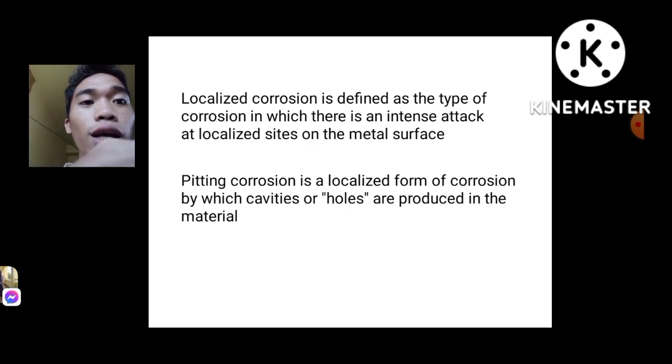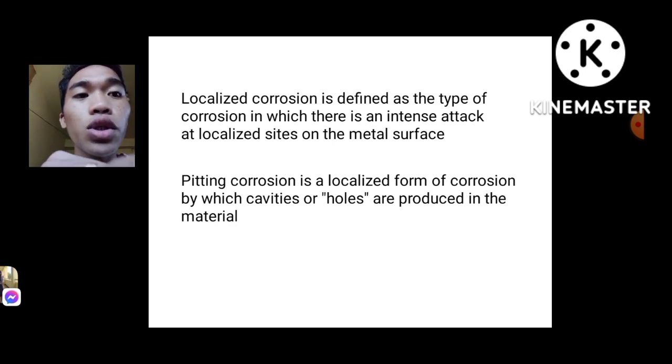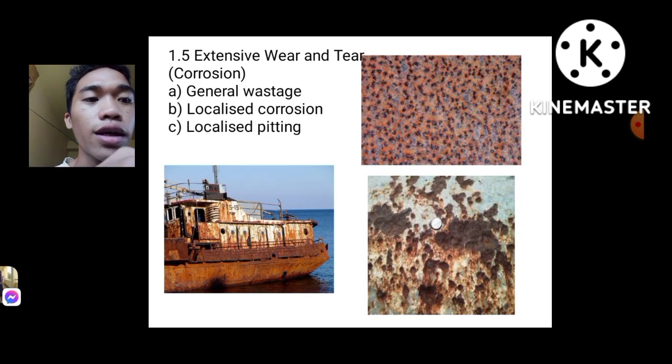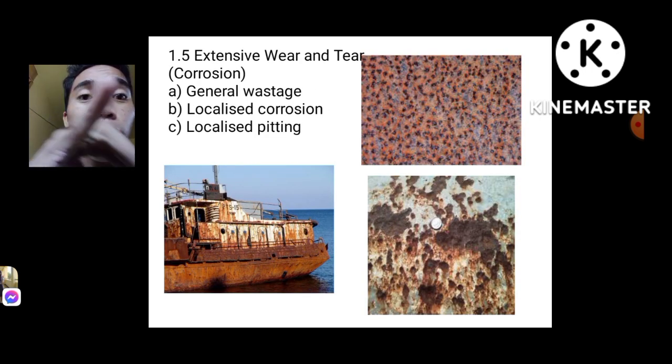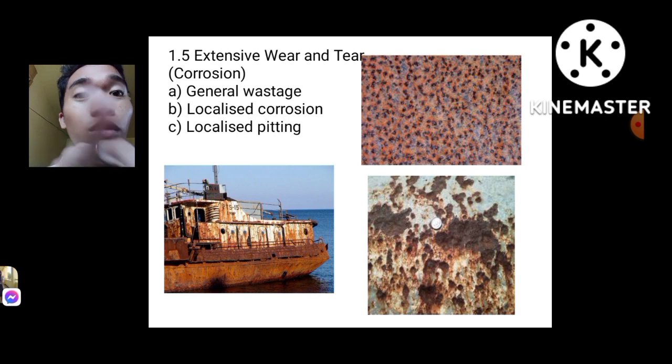We have localized corrosion. Localized corrosion is defined as the type of corrosion in which there is an intense attack at a localized site on the metal surface. The one at the right side down, ubos, murag piso, mao na example of localized corrosion.